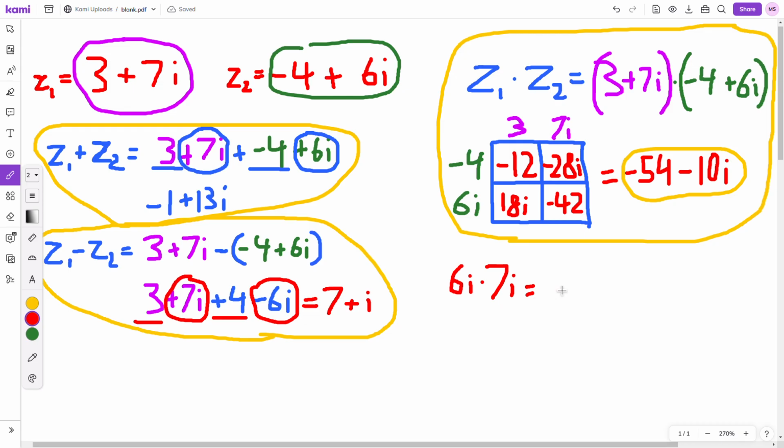If you see this right here, this becomes 6 times 7 times i times i. In other words, this is 42i squared. But remember what i is. i is the square root of negative 1. And so if you square the square root of negative 1, you get negative 1. So this is really negative 42, and that is why that became negative 42. Excellent question. Thank you.